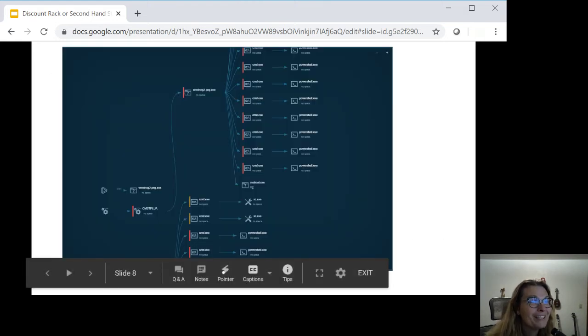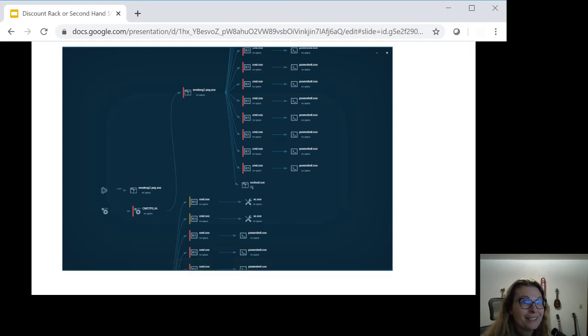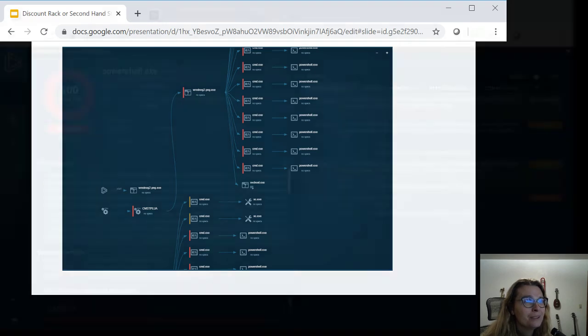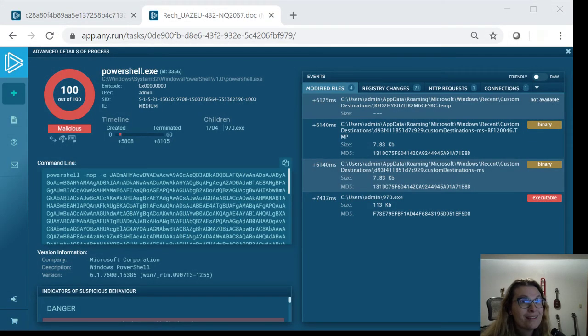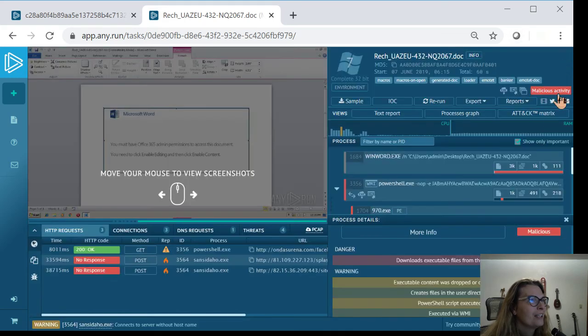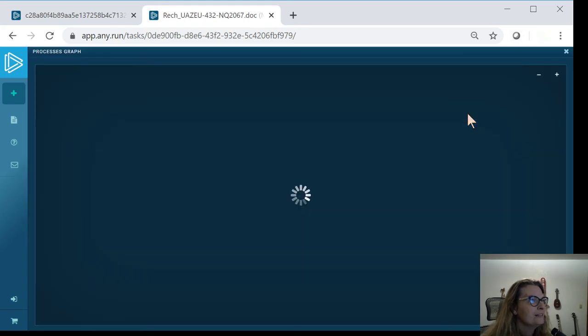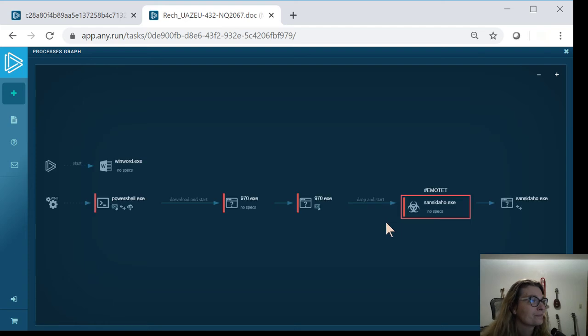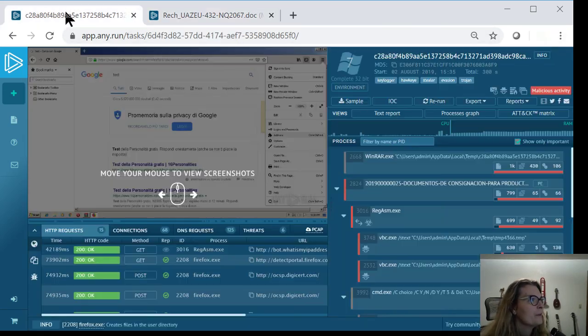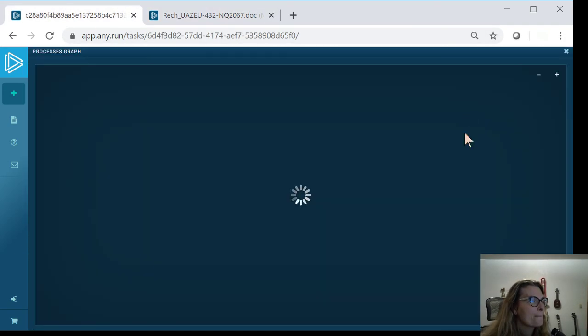Here's a behavioral view of Trickbot as it goes off. Oh, I know, it's super small. Let me see if I can get us a better view. Oh, that's the scary PowerShell technique. Love it. Let's see if this is my one. No, it's good old Emotet. Let's try this one.